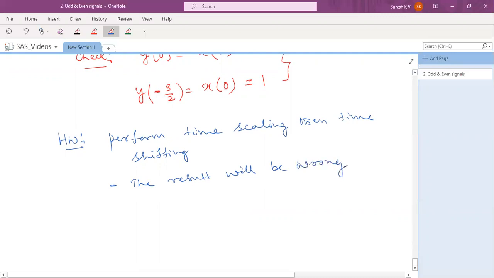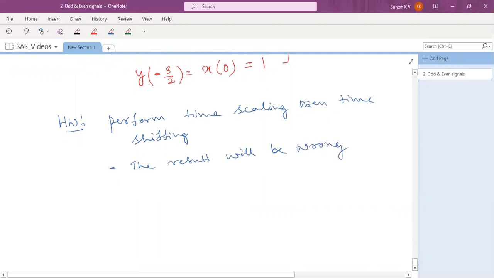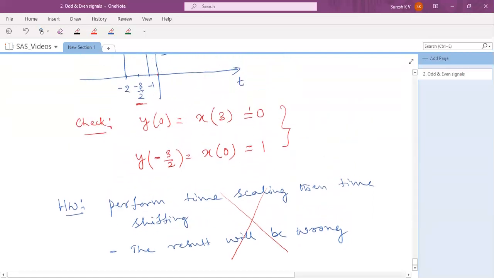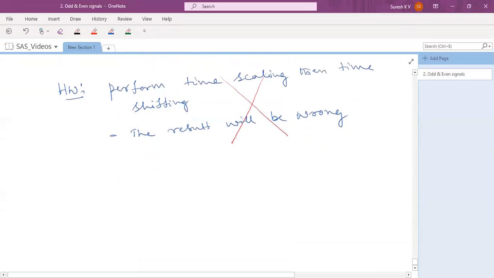So I expect you to solve this problem and ensure that it will not satisfy the check. That means this is not to be followed. Just to make sure that it is not correct, you can try doing time scaling, then time shift, and verify whether these results are the same, and you will notice that they will not be the same.